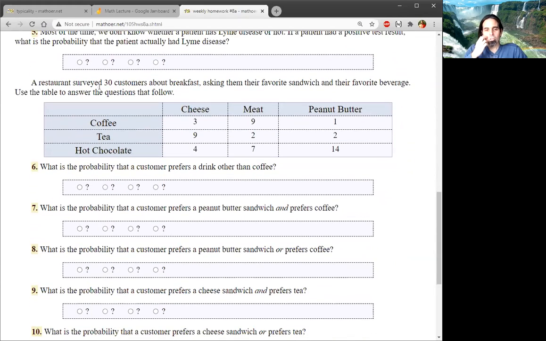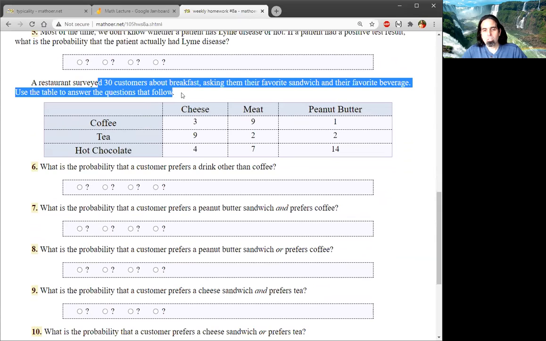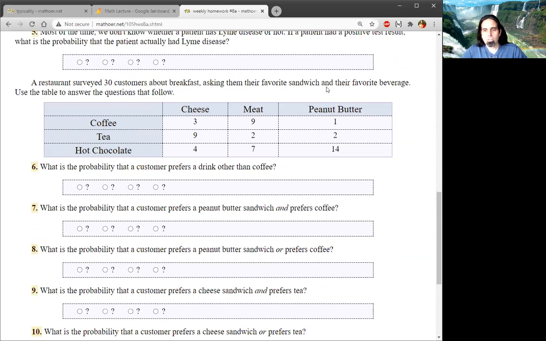There's a restaurant that surveyed 30 customers about breakfast, asking them about their favorite sandwich and favorite beverage. I'm not sure that number is actually correct. I will have to double check. So all of these add up to 30. 3 plus 9 plus 4 plus 9 plus 2 plus 7.